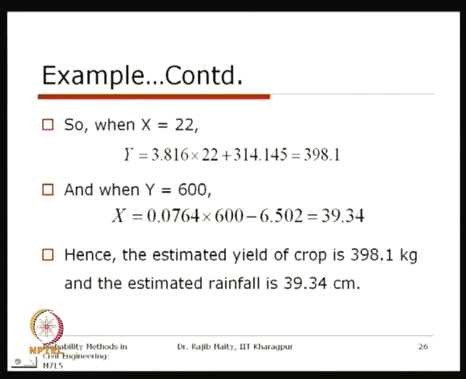In this lecture, including the last lecture, we have discussed regression techniques, including simple linear regression, multiple linear regression, and nonlinear regression, and how we can estimate in terms of correlation.